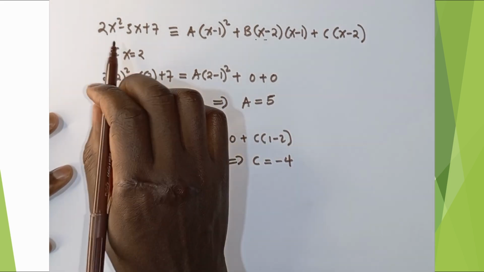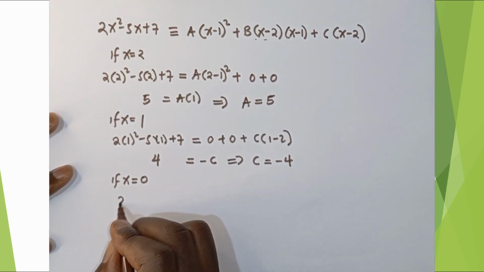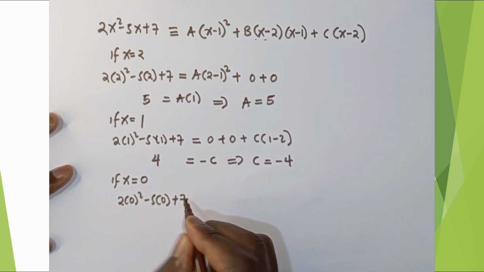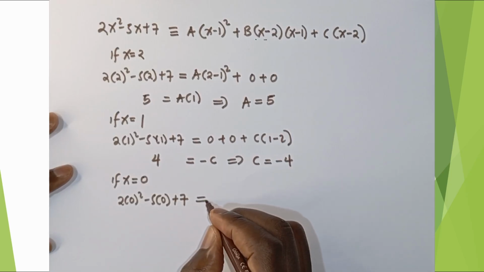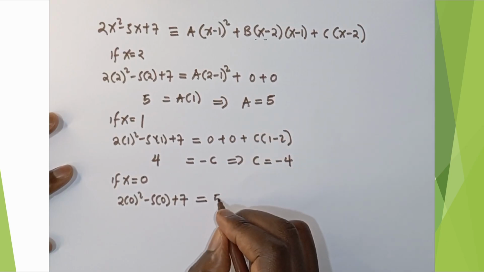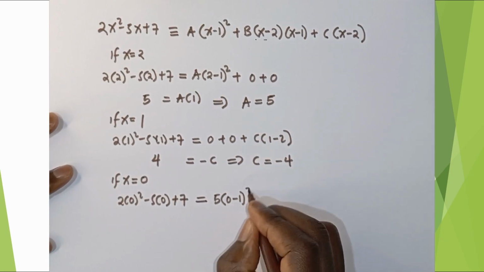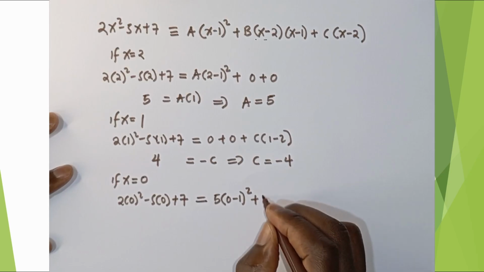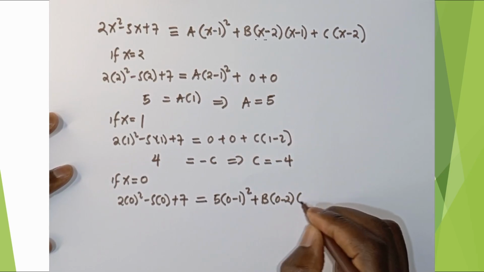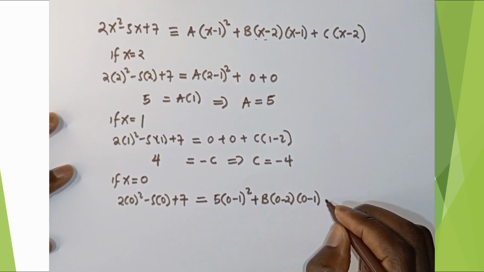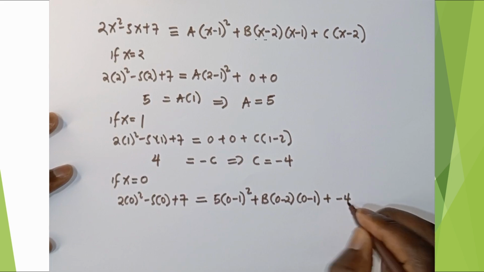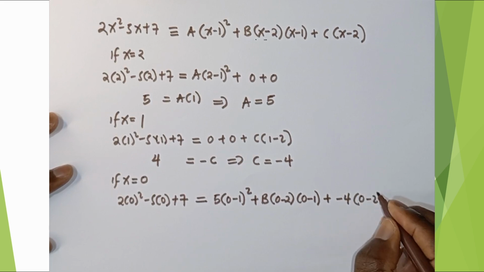So when I let it to be 0, putting it here, I'll have 2 into 0 squared minus 5 into 0 plus 7 will equal to, now putting it the other side, I'll have 5 into 0 minus 1 squared plus b into 0 minus 2 into 0 minus 1, and then plus c. C is negative 4 into 0 minus 2.